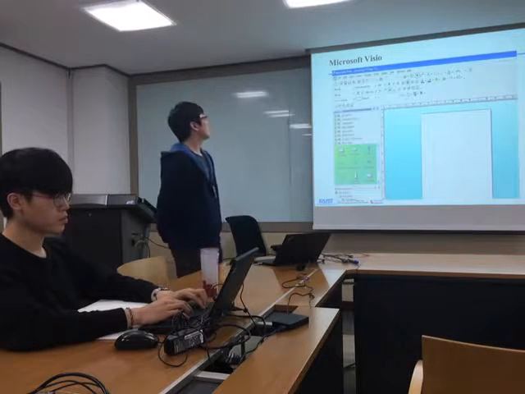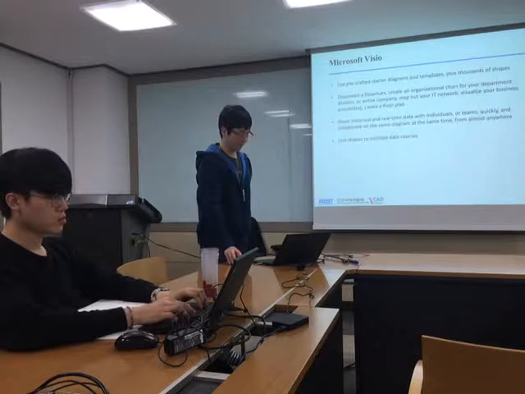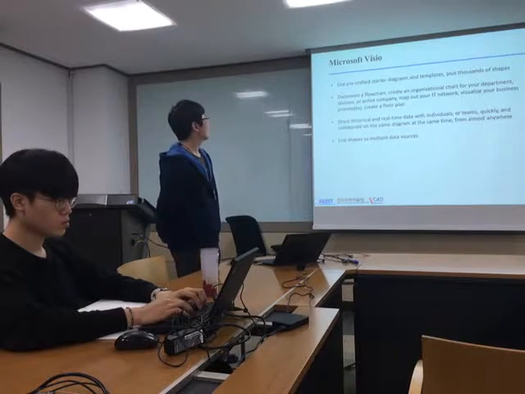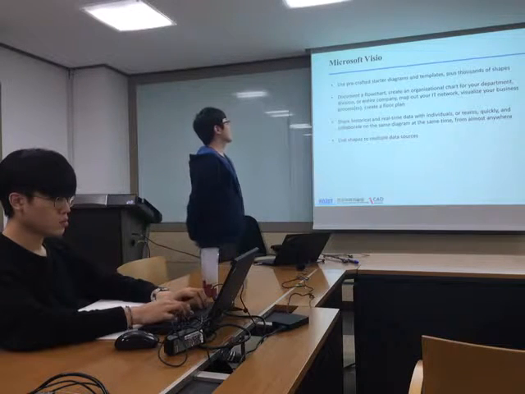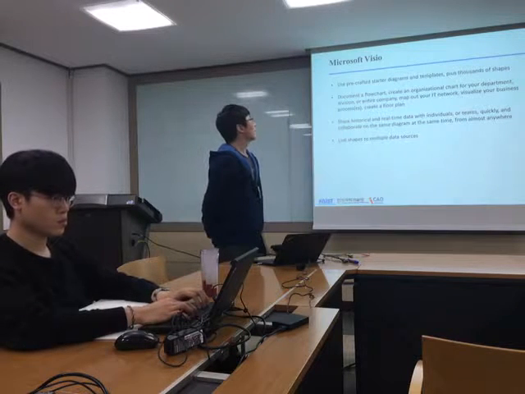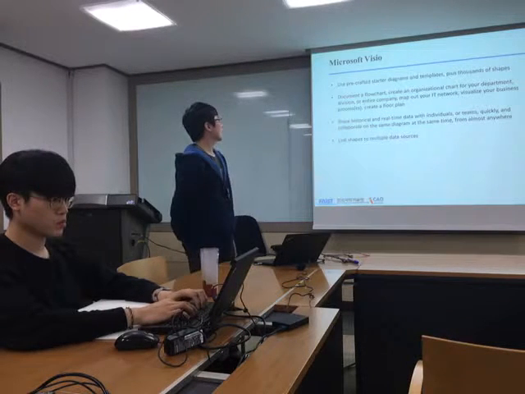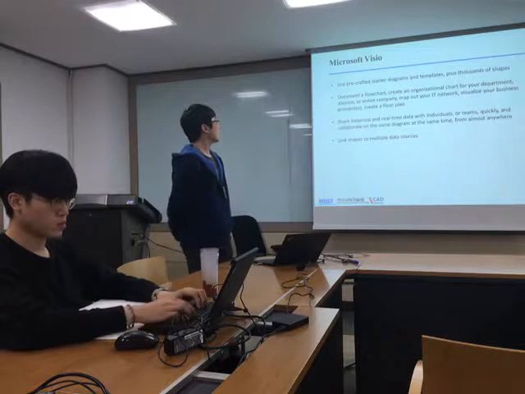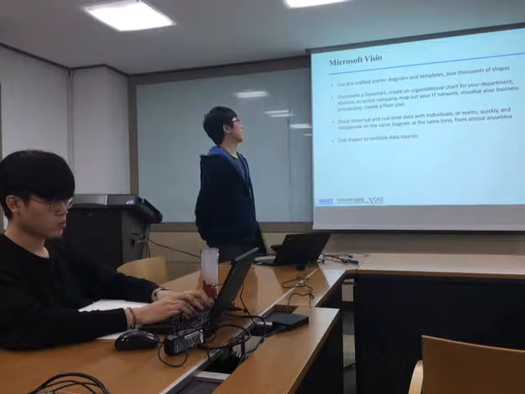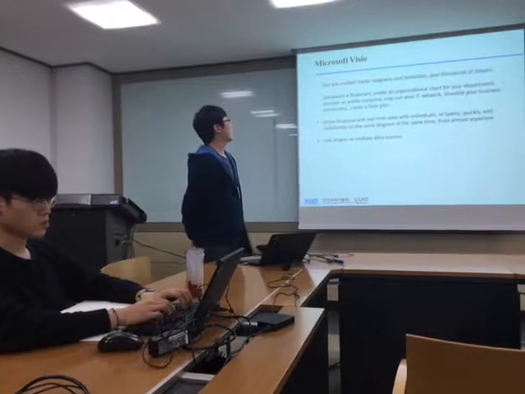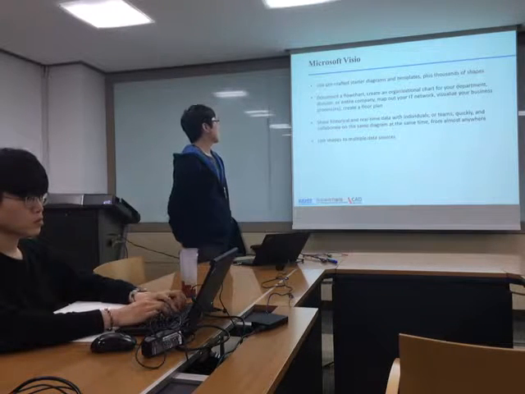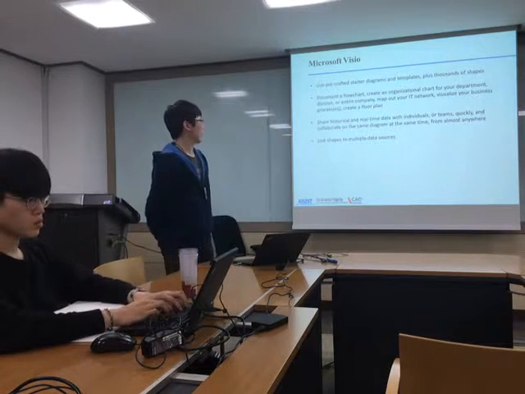And third one is Microsoft Visio. It has 4 features. The first one is use pre-crafted structure diagrams and templates, plus thousands of shapes. And second is document a flow chart, create an organizational chart for your department, map out your IT network, visualize your business process, and create a floor plan.